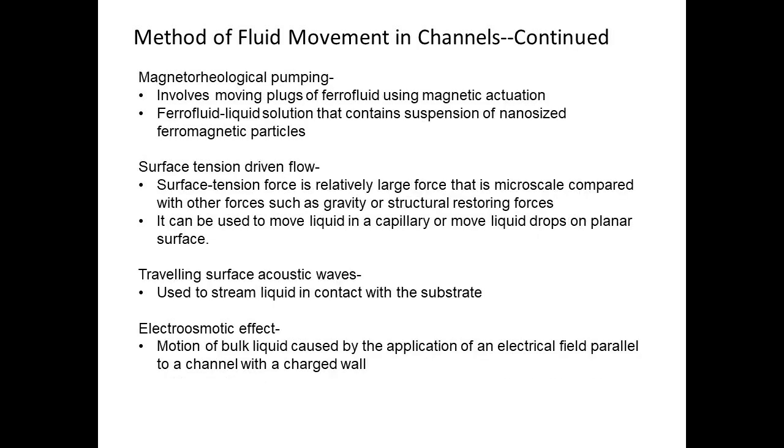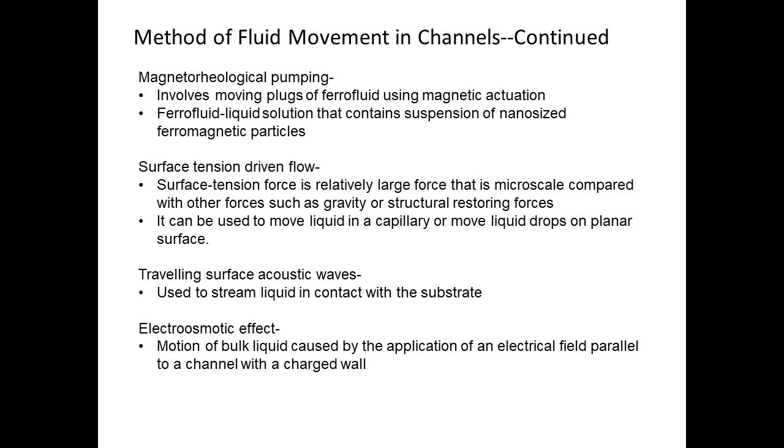This slide shows the methods of fluid movement in channels. The fourth point is magnetorheological pumping. This involves moving plugs of ferrofluid using magnetic actuation. Ferrofluid is a liquid solution that contains a suspension of nanosized ferromagnetic particles.